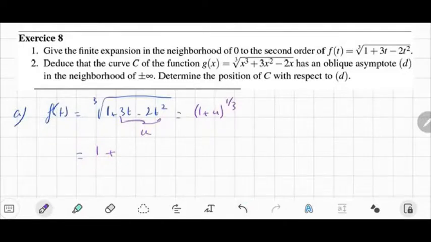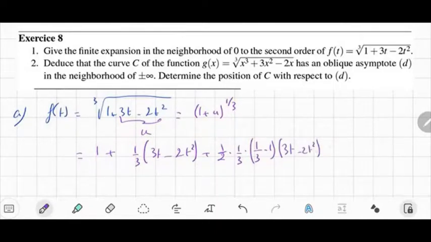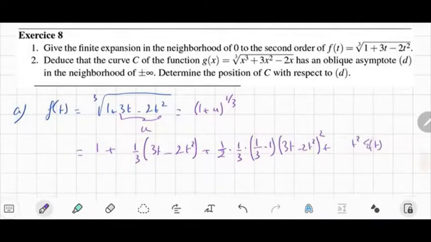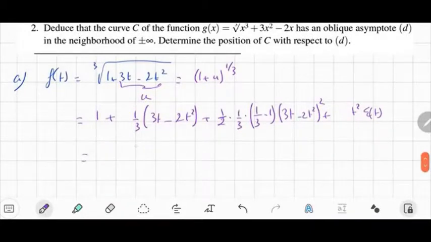So it's 1 plus 1 over 3 times 3t minus 2t squared plus half times 1 over 3 times 1 over 3 minus 1 times 3t minus 2t squared to the power of 2 plus t squared epsilon of t, which will give, after calculation, 1 plus t minus 5 over 3 t squared plus t squared epsilon of t.